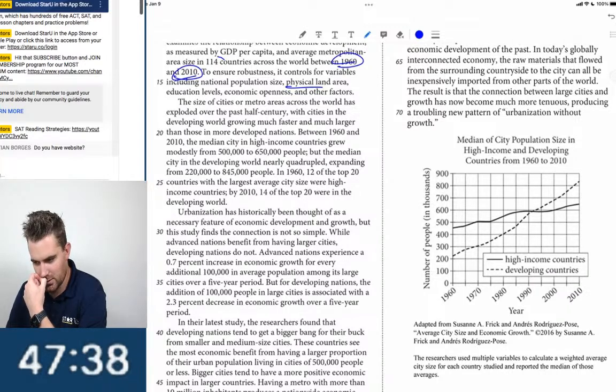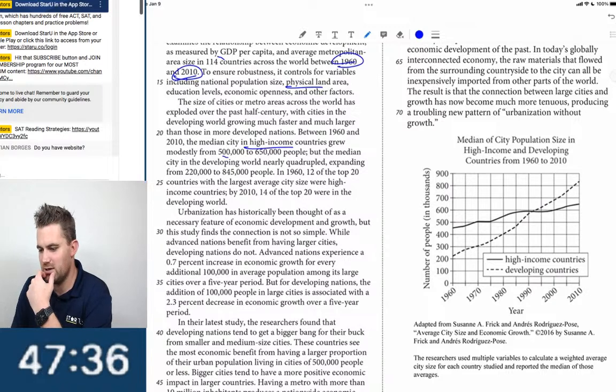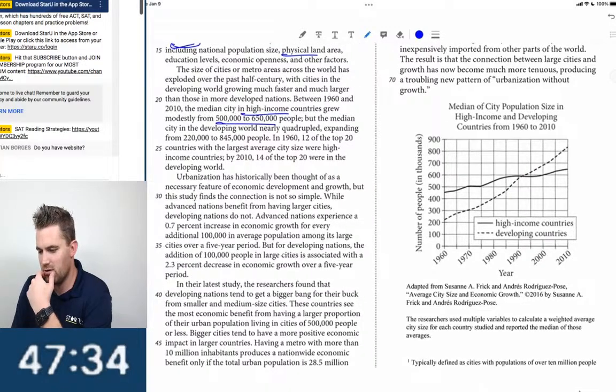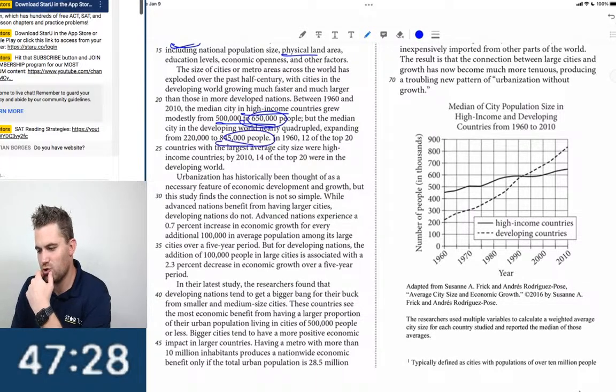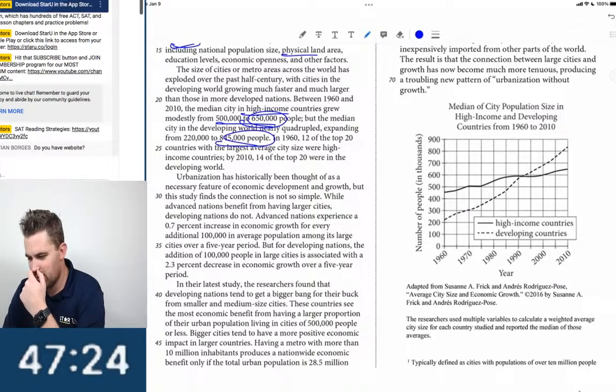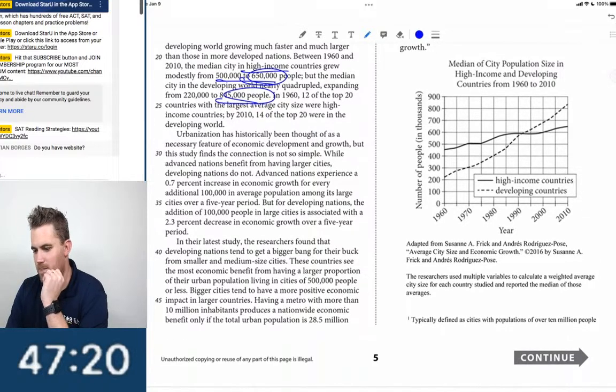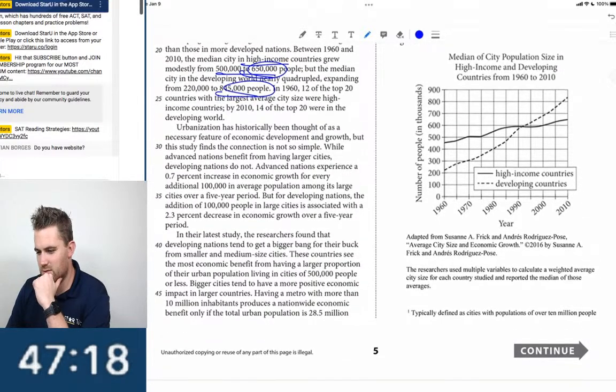The median city in high-income countries is 500 to 650,000 people, big but not huge. They quadrupled, so it went from like 20% to 400%. Okay, so the big switch.